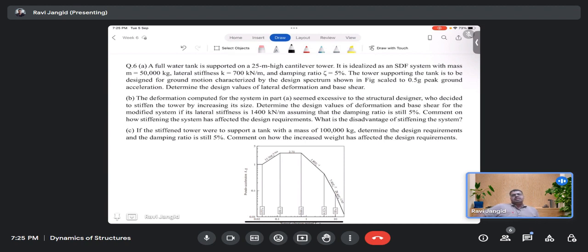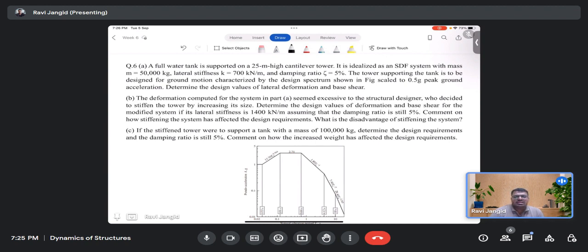In the second part, we decided to stiffen the tower by increasing the size. By increasing the size, how would the design value of deformation and the base shear be modified if the lateral stiffness of the system is 1400 kilonewton per meter, and the damping remains the same. We need to comment on how the stiffness of the system affects the design requirement.